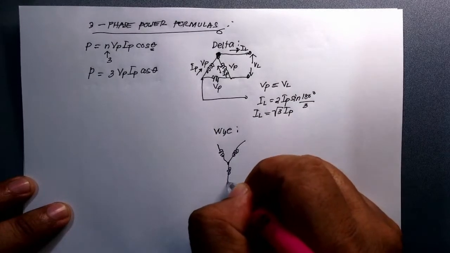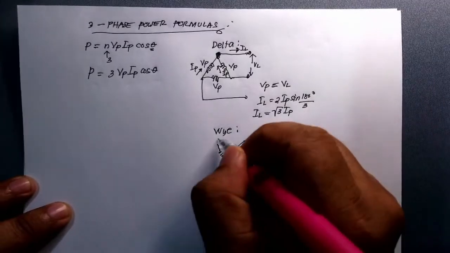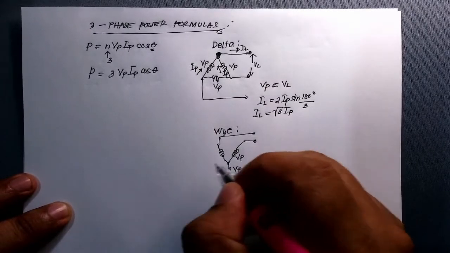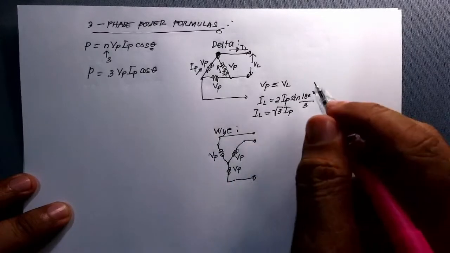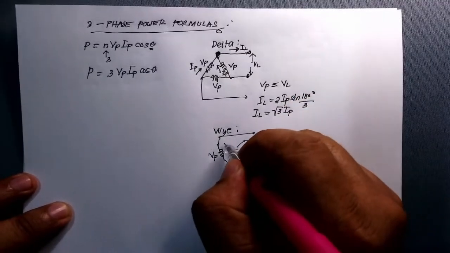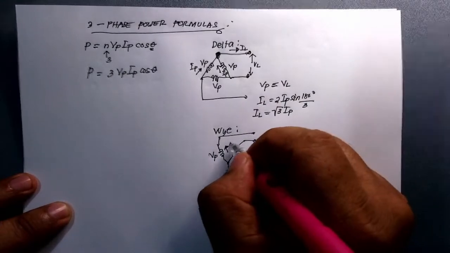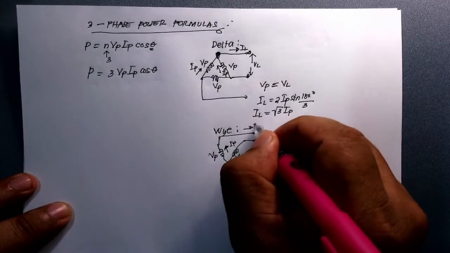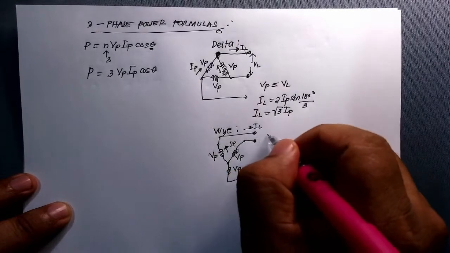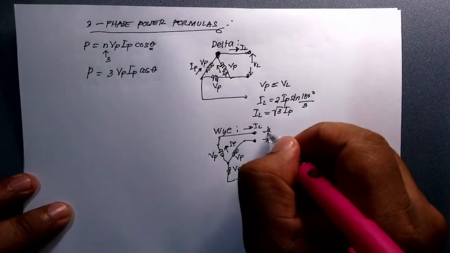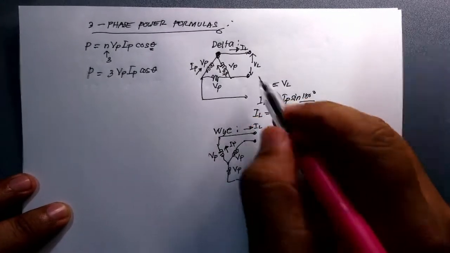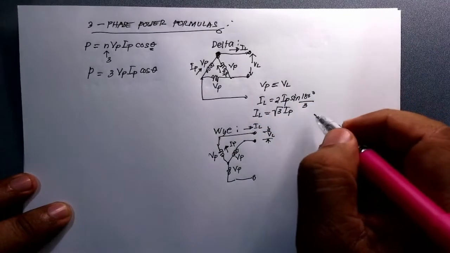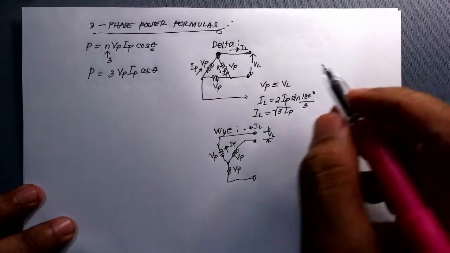So you see here again V sub P, V sub P, V sub P for the phase voltage, balanced, and the current that goes through here is I sub P, and the current in this terminal is I sub L, the line current, and the voltage here will be V sub L. So also here V sub L. Every terminal voltage is named V sub L, or V line, and this one is the V phase.